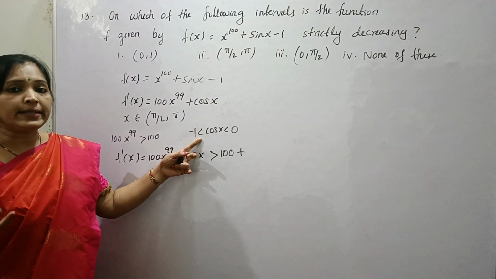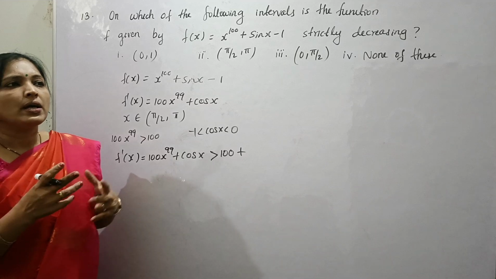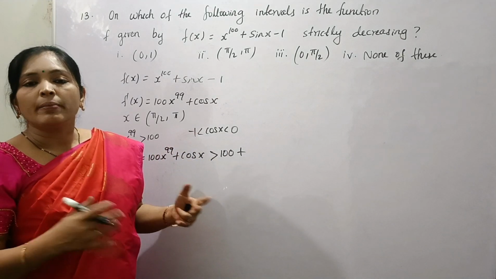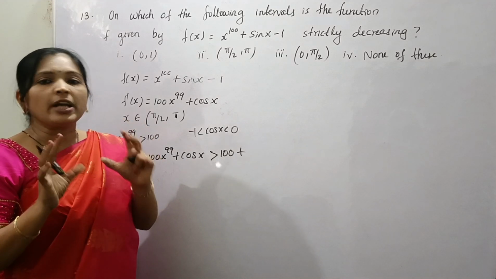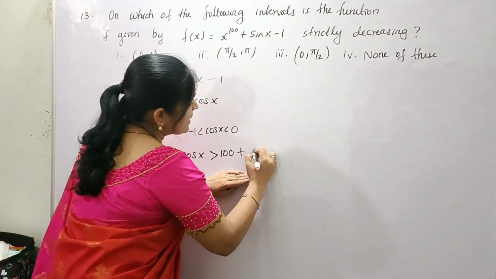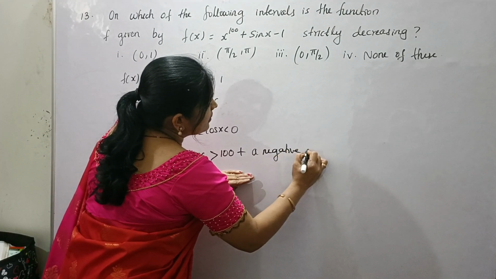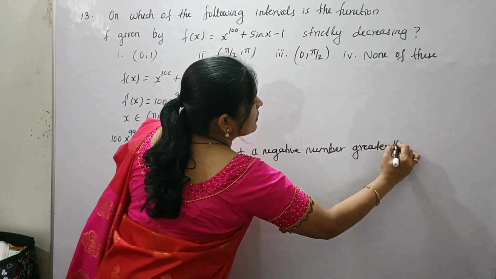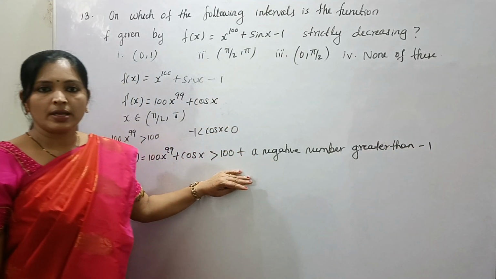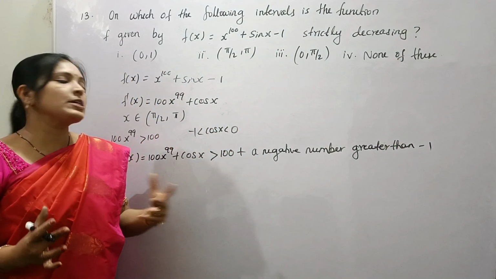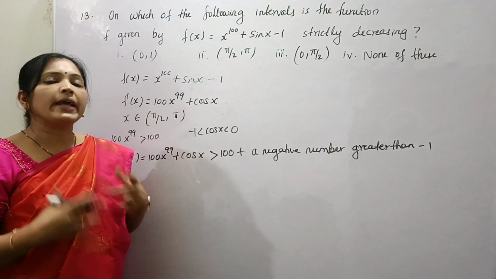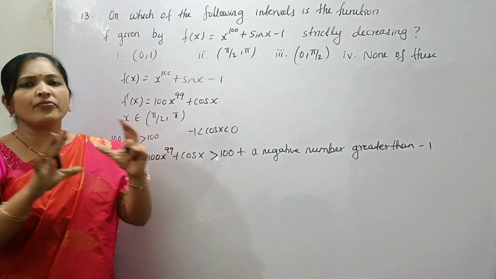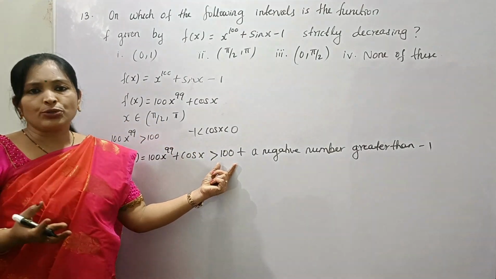Greater than minus 1 means values like minus 0.9, minus 0.8, minus 0.7, minus 0.5. If you add such numbers to this 100, you will obviously get a positive number. That is 100 plus the negative of a small number will be a positive number.